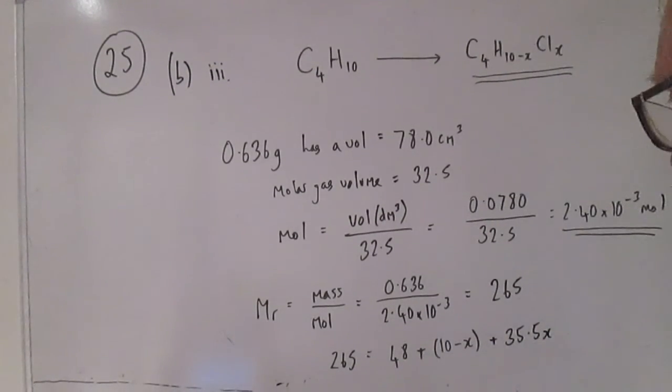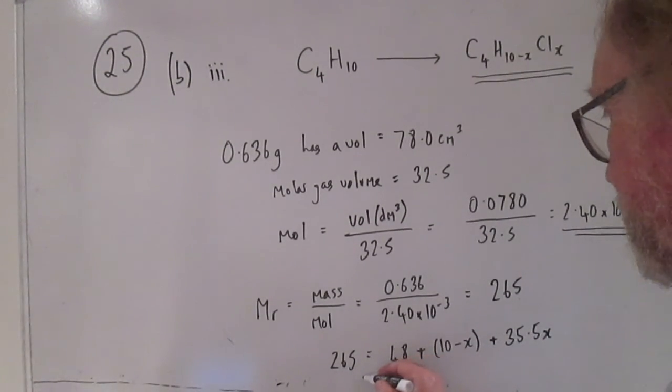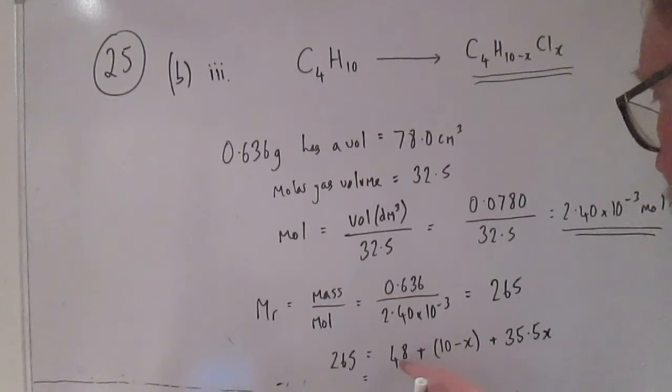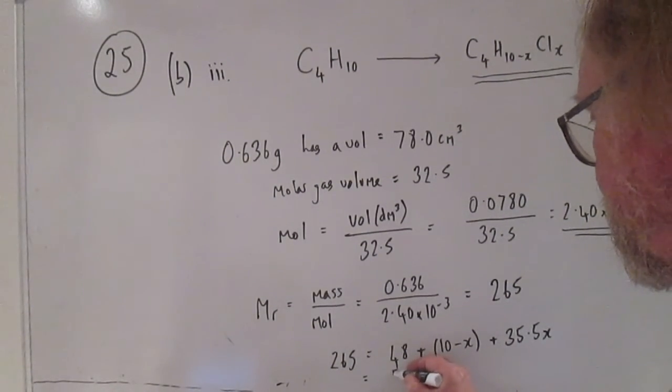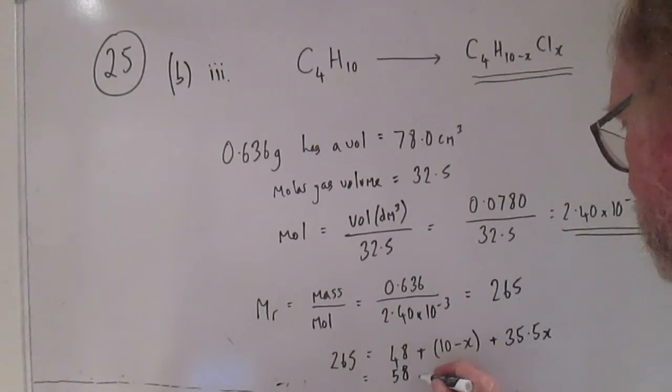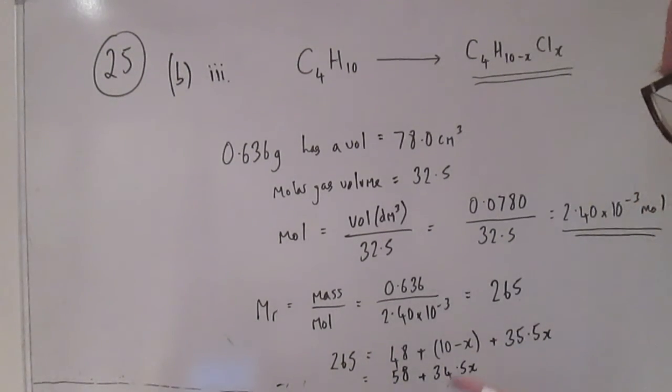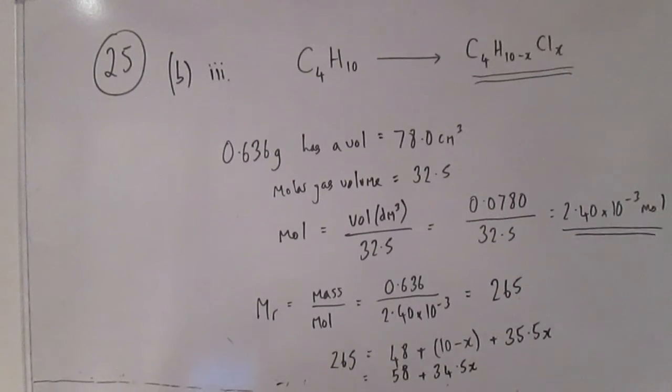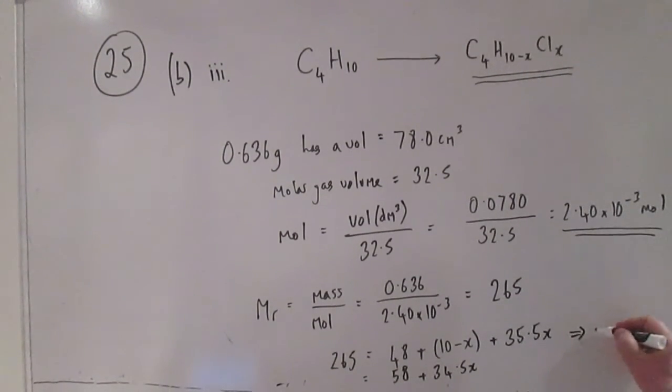So if we reorganise that, that's equal to 48 plus 10 is 58, plus 35.5X minus X, so 58 plus 34.5X. And then if we move the 58 over to that side by subtracting 58 from each side, that gives us 207 is equal to 34.5X.